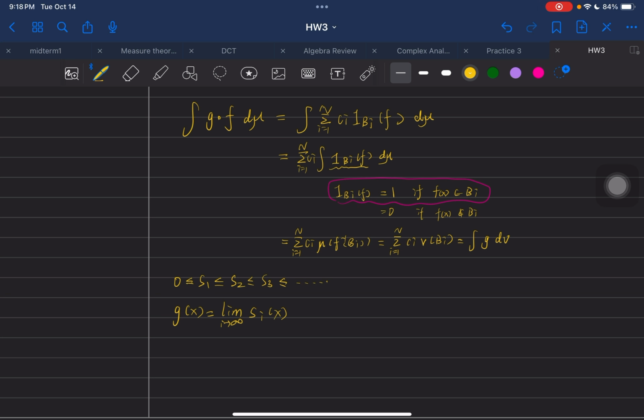As we know, the simple functions are non-negative and we are having an increasing sequence.